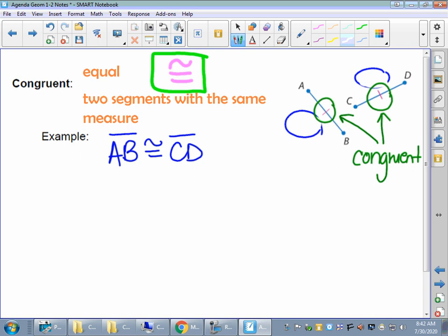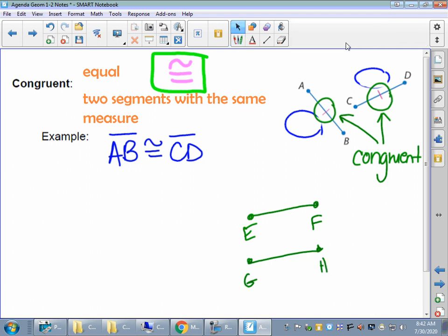I could see a math problem coming into play here because maybe I say, I've got segment EF, and I've got segment GH. And maybe I say, all I'm going to tell you is, put a couple dashes on each. And I'm going to say that EF is 3x plus 5, and GH is 2x minus 17.